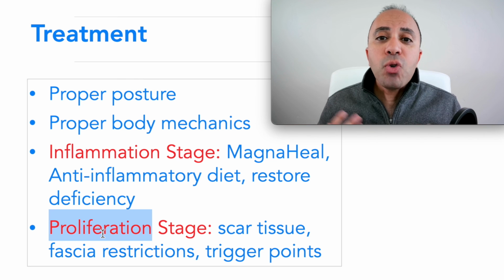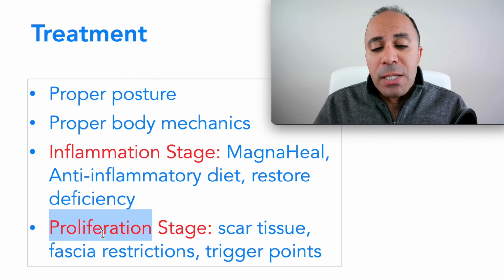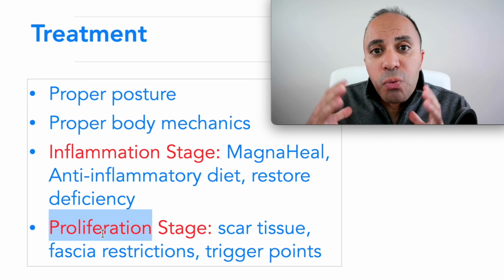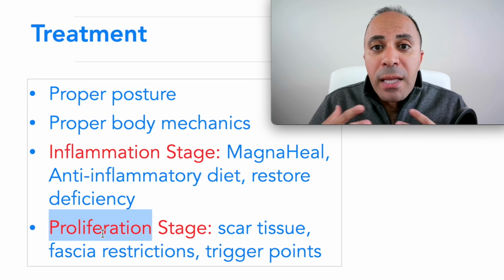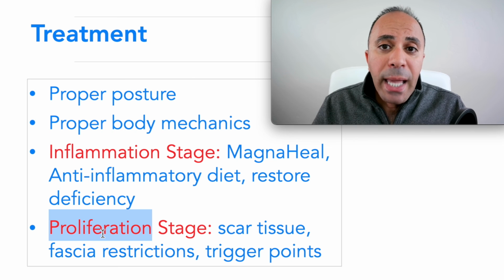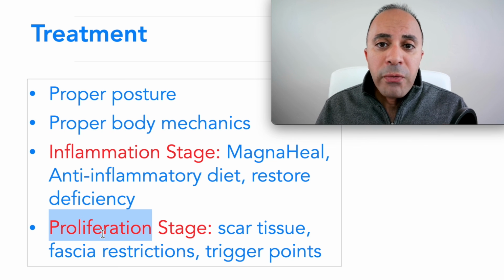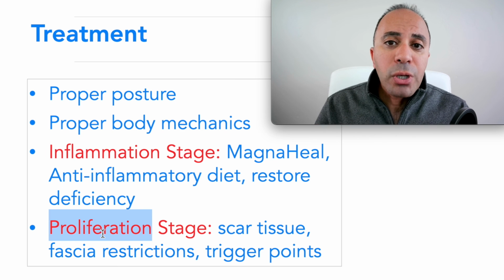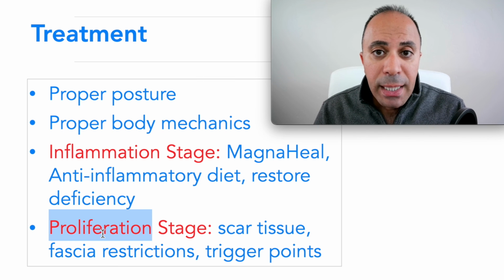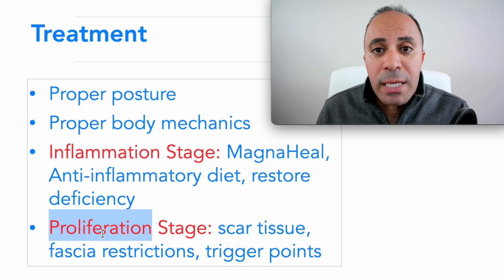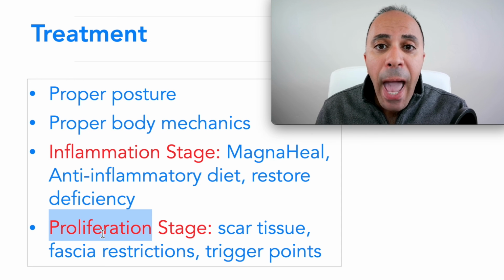So I do the release first with the A1, A5, and if there's scar tissue, we'll use the A3. Then if there's inflammation, I use MagnaHeal, and after that, I give the patient feedback to correct their posture, working on the posture and body mechanics. And this is basically how you can address myofascial pain syndrome at home.